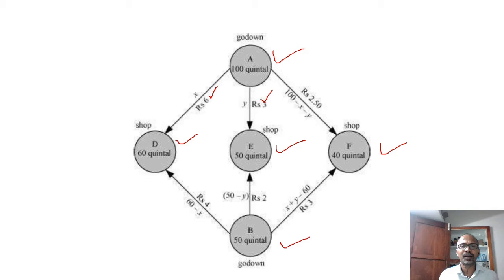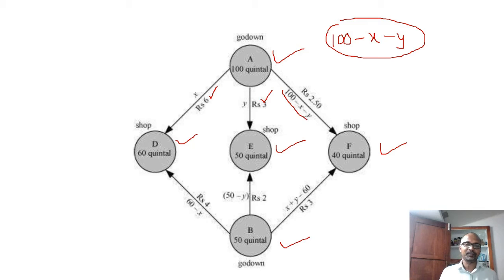Now out of this total 100, X quintals have been transported to D. We don't know the value of X, and another Y units have been transported to E. So from 100, X has gone, Y has gone, and the remaining grain should be transported to F. See, 100 minus X minus Y.